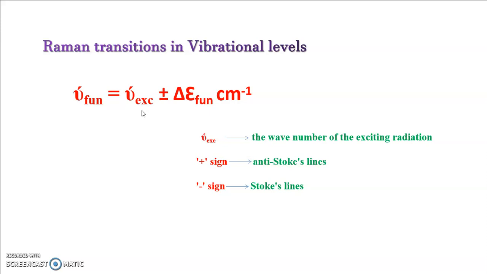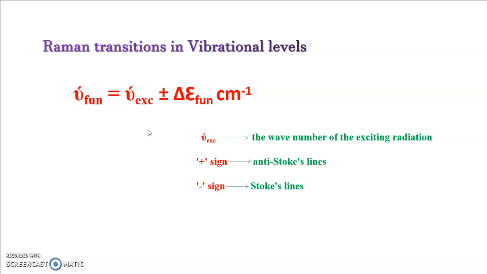As the rotational levels are much more closely spaced than vibrational levels, the rotational Raman spectrum contains even more intense lines. But in the case of vibrational levels, they are more widely spaced, and so the anti-Stokes lines are very much less intense.